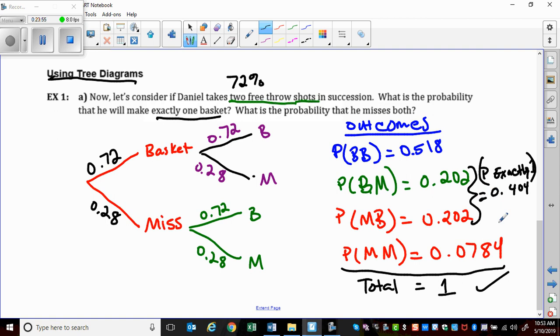Now, the probability that he misses both is 0.0784, or, if you move this over twice, 7.84%.